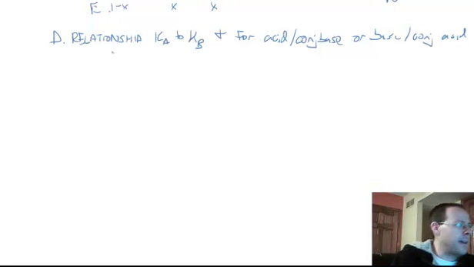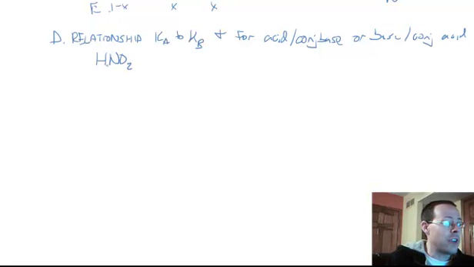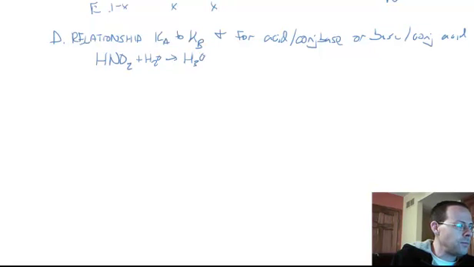So if we take nitrous acid, HNO2, instead of nitric acid, so nitrous comes from the nitrite ion, whereas nitric acid comes from the nitrate ion. This is considered a weak acid. If we put it in water, it's going to turn into H3O plus and NO2 minus.